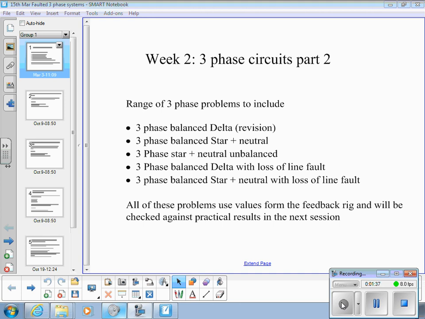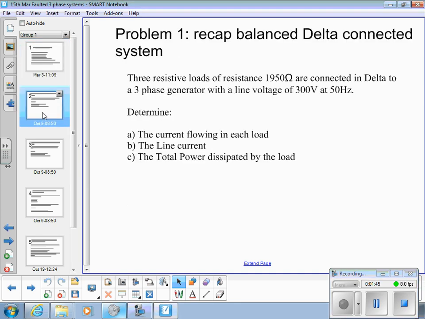So that's what we're going to do, using resistor values. Okay, so I'll put you to work now. Three resistive loads of 1950 ohms are connected in delta to a three-phase generator with a line voltage of 300 volts.